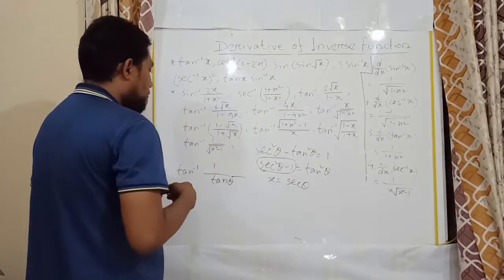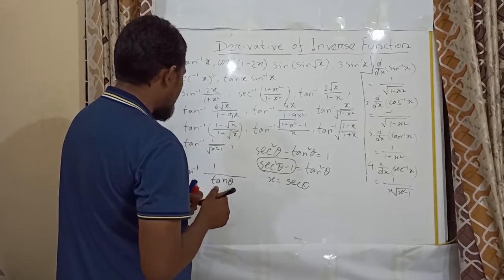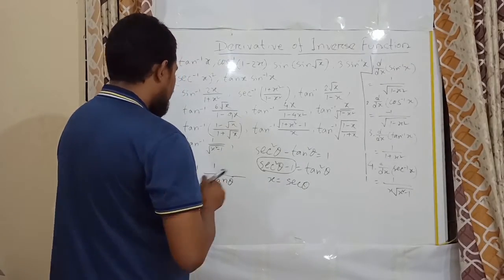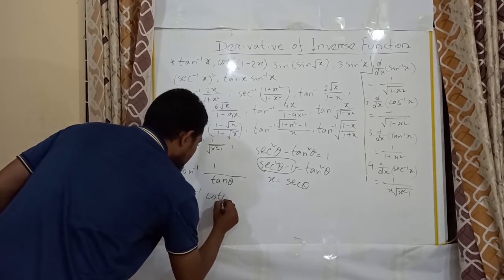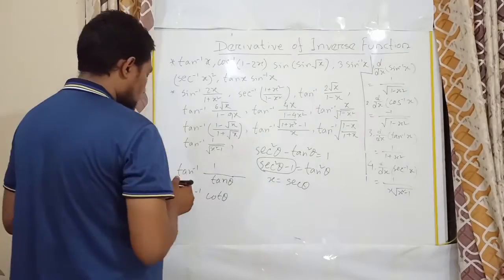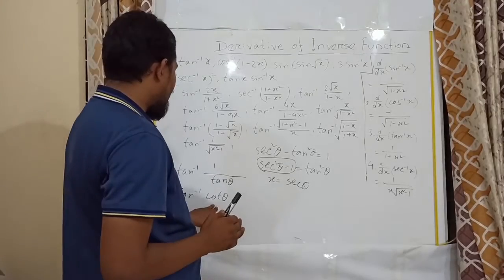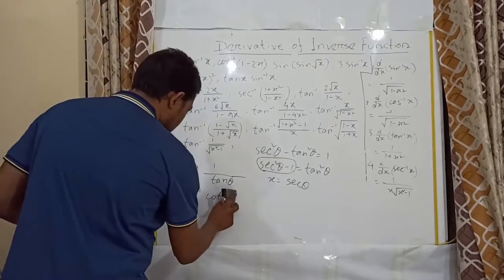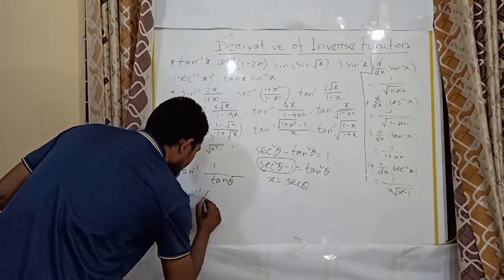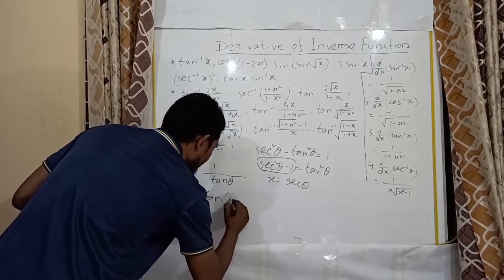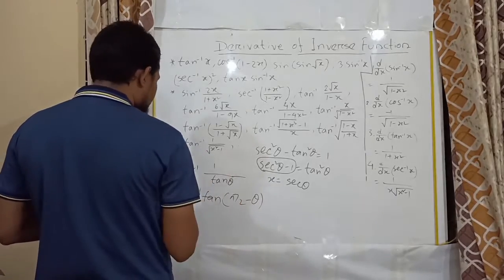Okay, so now with 1 by tan theta, it will be cot theta, so we can write tan inverse of cot theta. But there is a problem in such a case, so we can solve it as tan of pi by 2 minus theta, because tan of pi by 2 minus theta gives us cot theta.